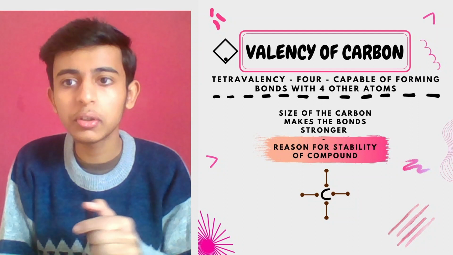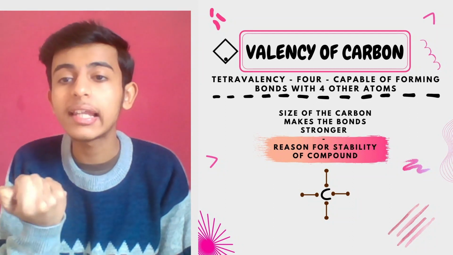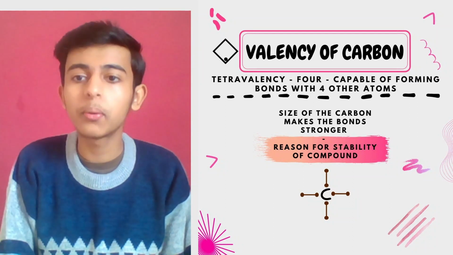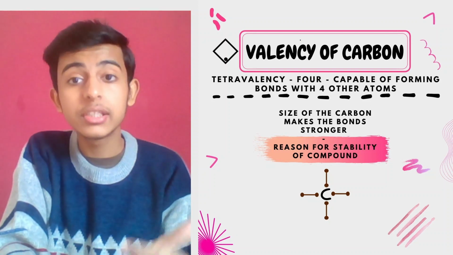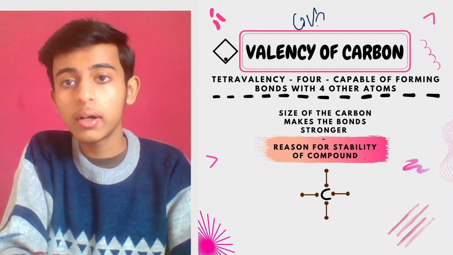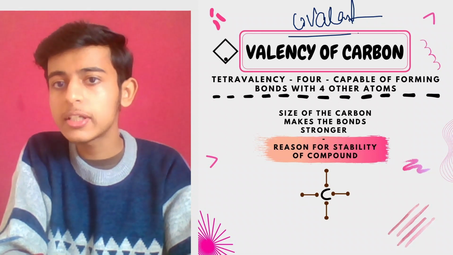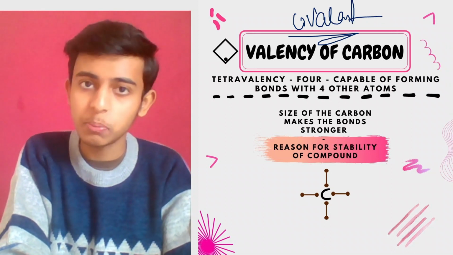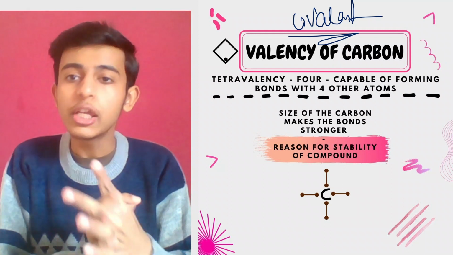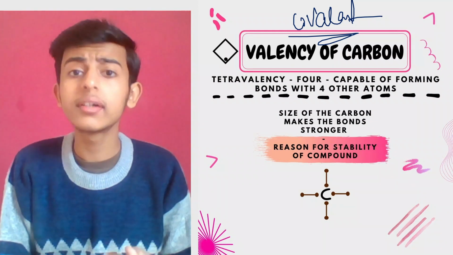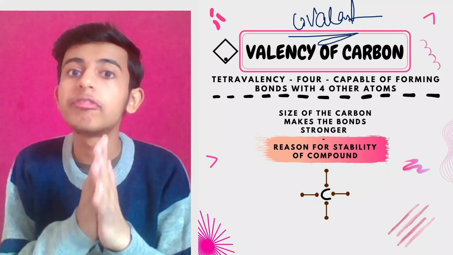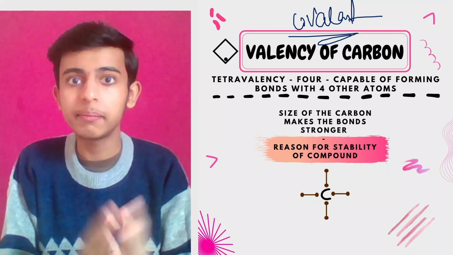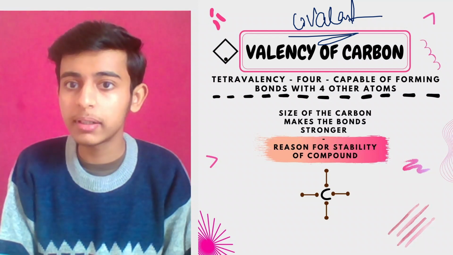Tetravalent carbon is capable of forming bonds with 4 other atoms, because it will form covalent bonds. I taught you that; in case you have any queries, please find the link in the description box of the previous video. Concentrate here: it can form bonds with 4 other atoms, which is a very big thing, which other elements cannot do. So this becomes a special property, yes or no?